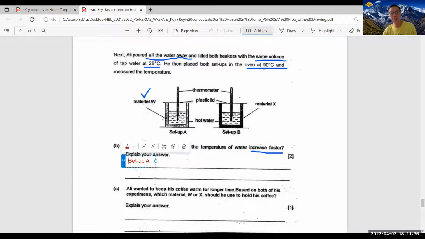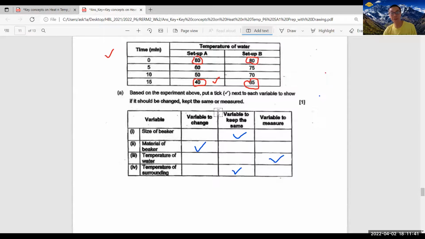And then you need to explain. Because you need to explain based on the result here.